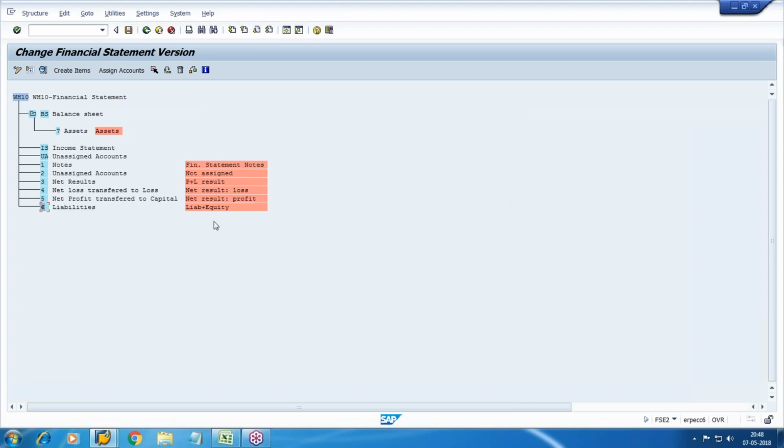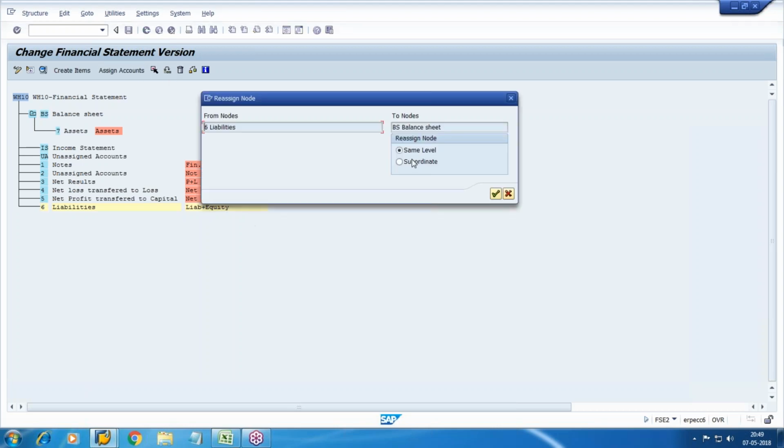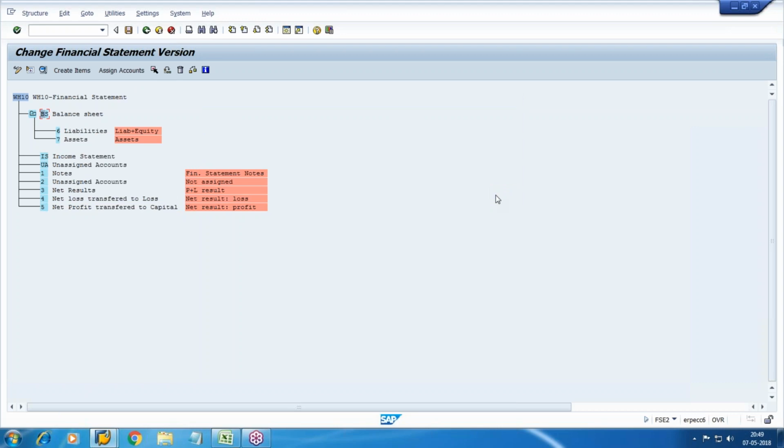Similarly, liability, select, under the liability and equity, we will transfer this profit and loss. So not this one. Yes, this one, profit.